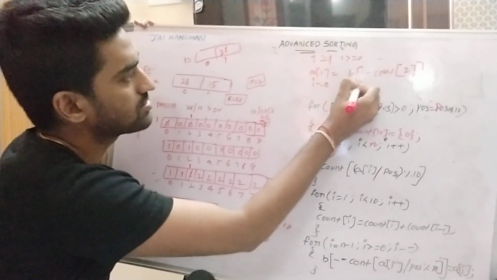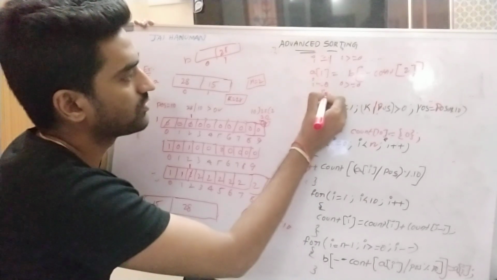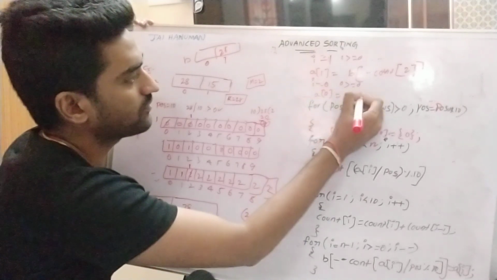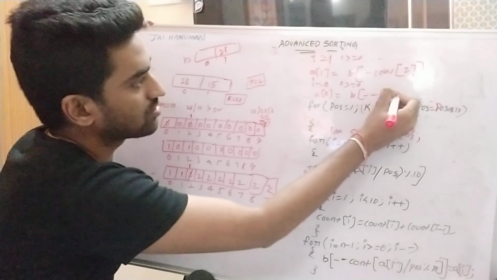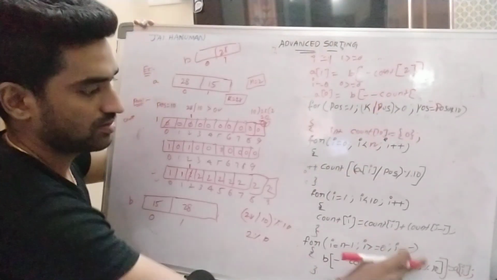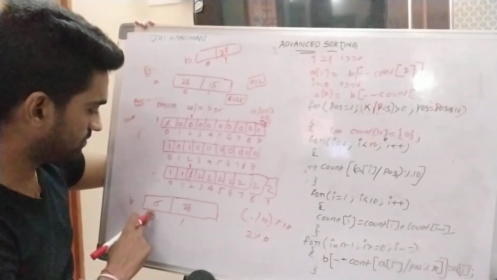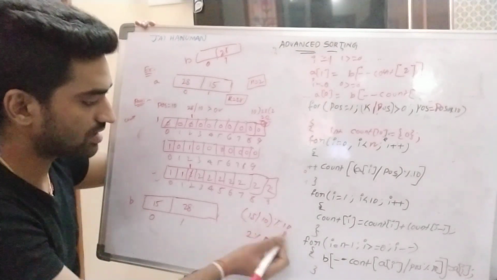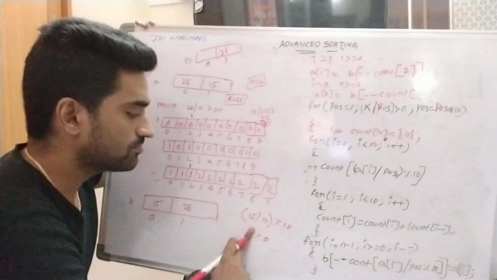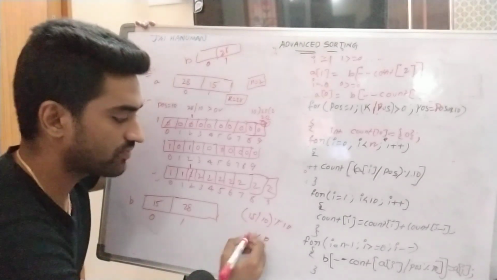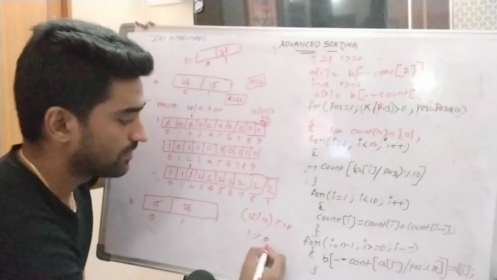0 greater than or equal to 0. So A of 0, which is equivalent to B of minus minus count of A of i. What is the A of 0 value? The A of 0 value is 15. So 15 by 10, modular division of 10. Obviously the quotient is 1, so 1 modular division of 10 is 1.